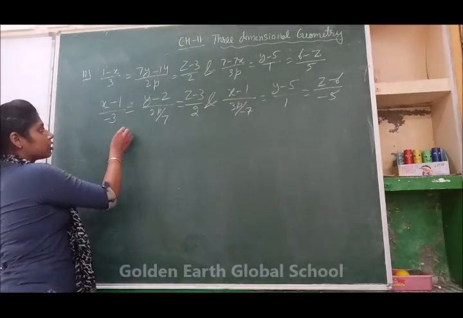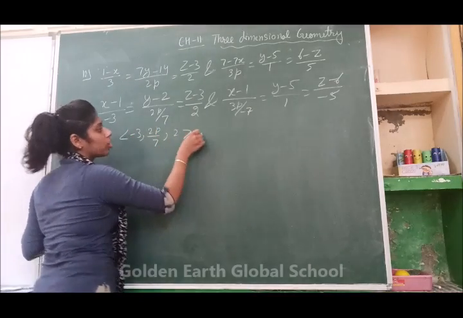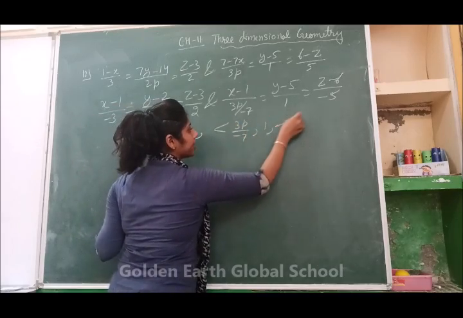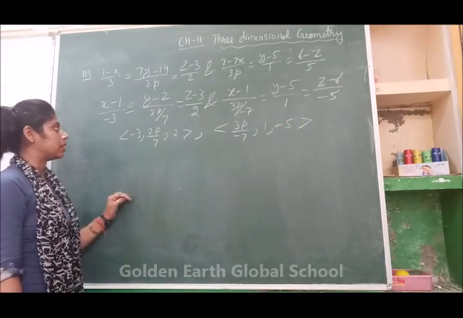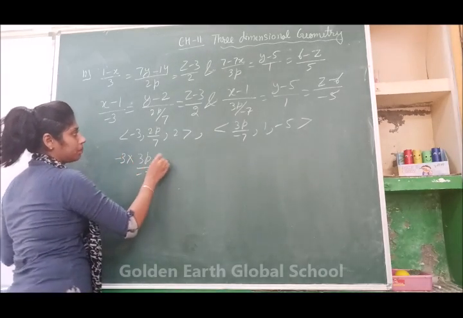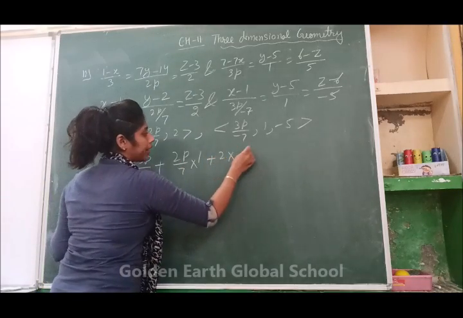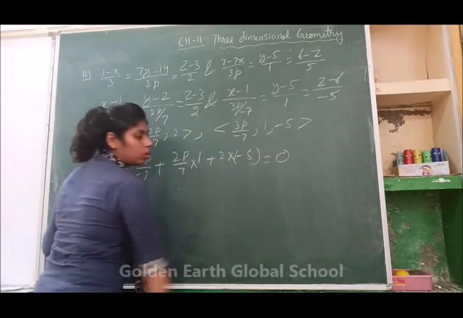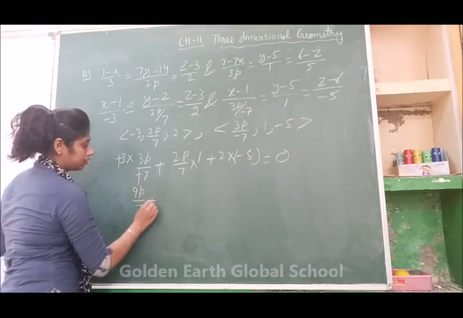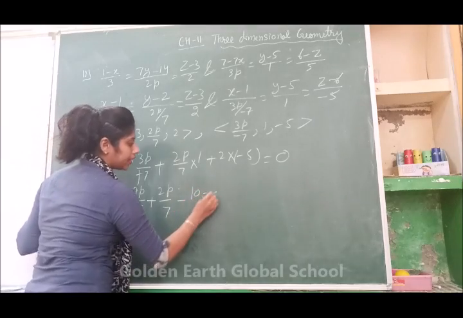What are the direction ratios of the first line? Minus 3, 2p upon 7 and 2. For the second, 3p upon minus 7, 1, minus 5. Now apply the condition. Multiply minus 3 into 3p upon minus 7, plus 2p upon 7 into 1, plus 2 into minus 5, equals 0. 9p upon 7 plus 2p upon 7 minus 10.